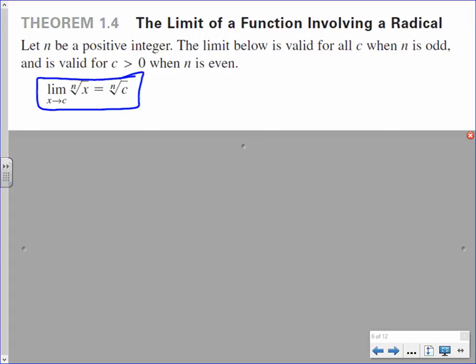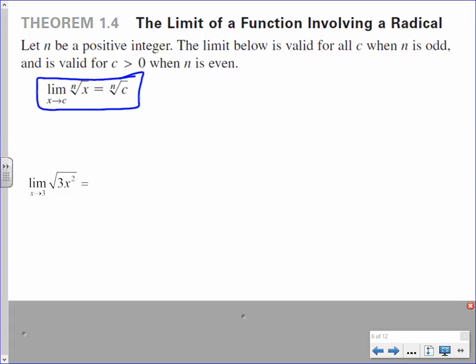For example, if I asked you for the limit as x approaches -2 of the square root of x, we can't have the square root of -2, so that limit would not exist. -2 is not a part of the domain, so we couldn't evaluate that limit. So make sure that that c value is a part of your domain.